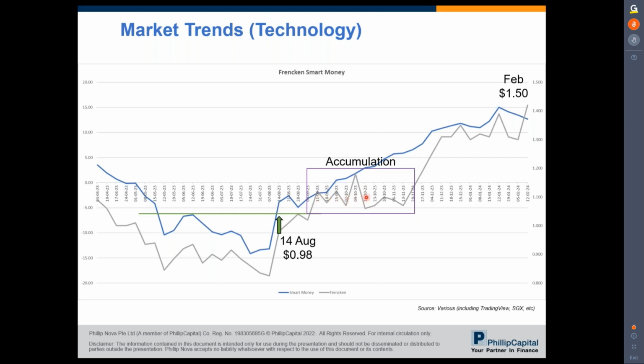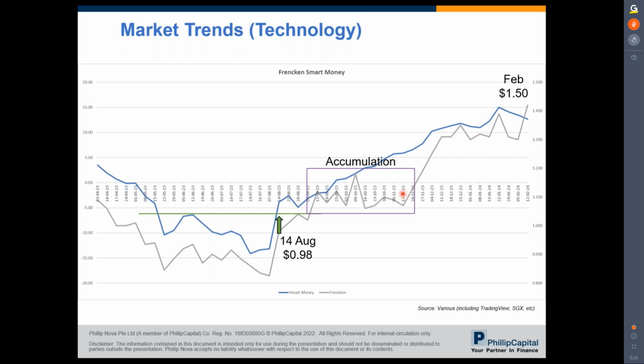Because as long as the share price did not break any major support level, there is no major bad news, or the fundamentals are not looking too bad, and you see that the smart money is buying, then every dip is an opportunity for us to accumulate together with them.